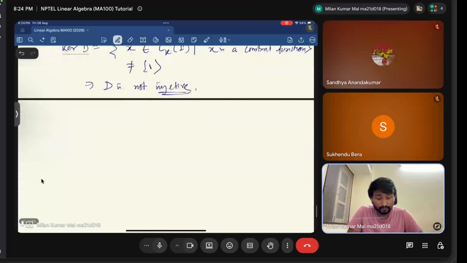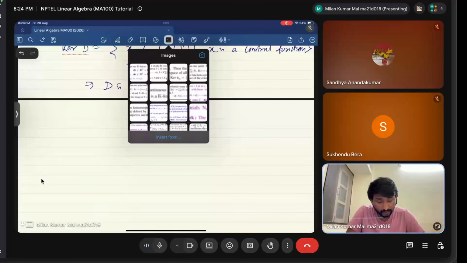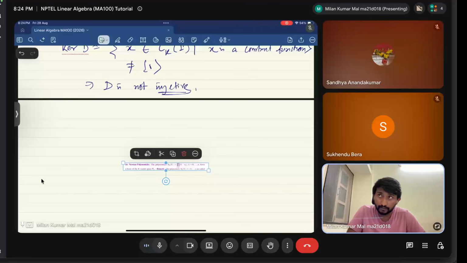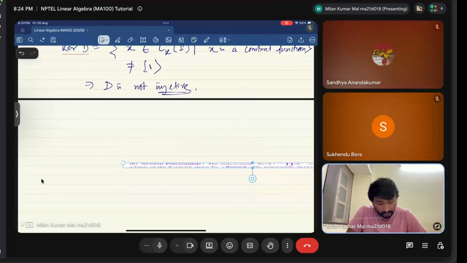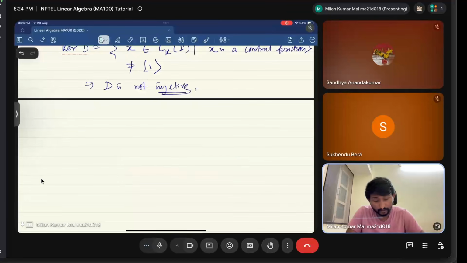This color problem, I hope this color problem is supposed to. Okay, just a minute.